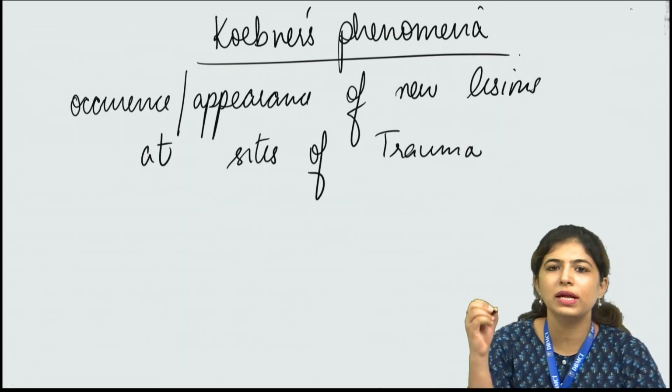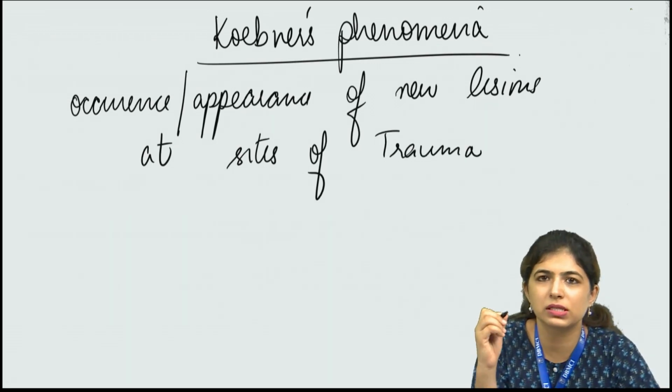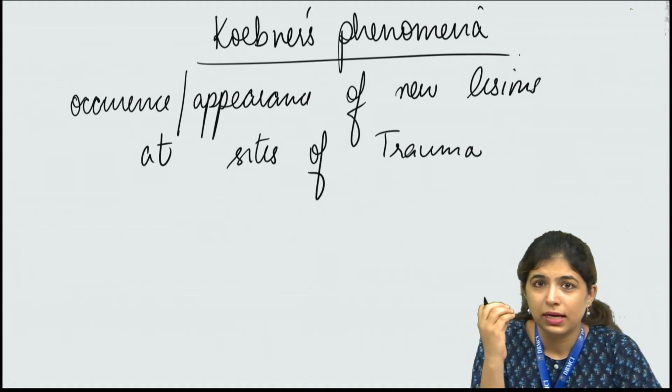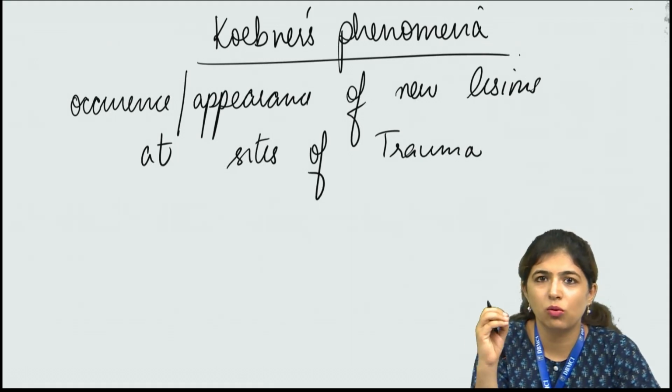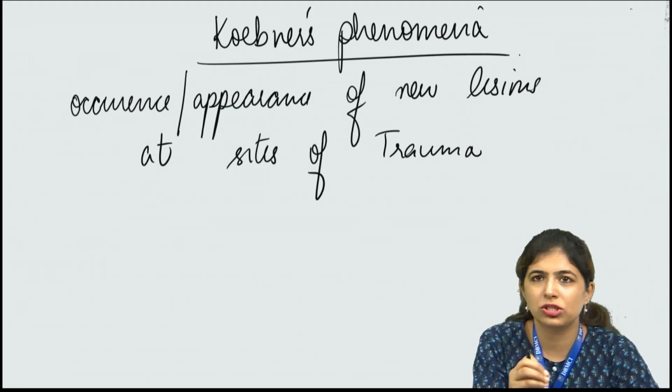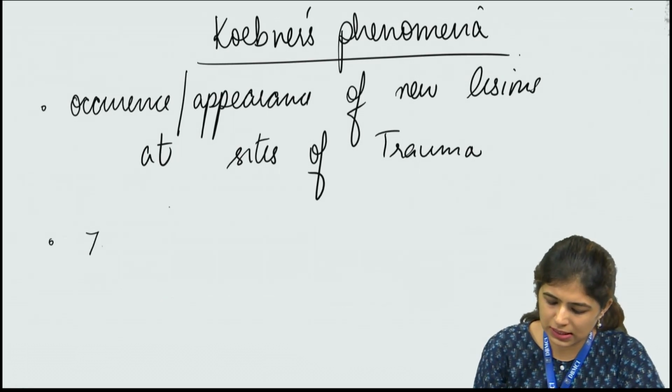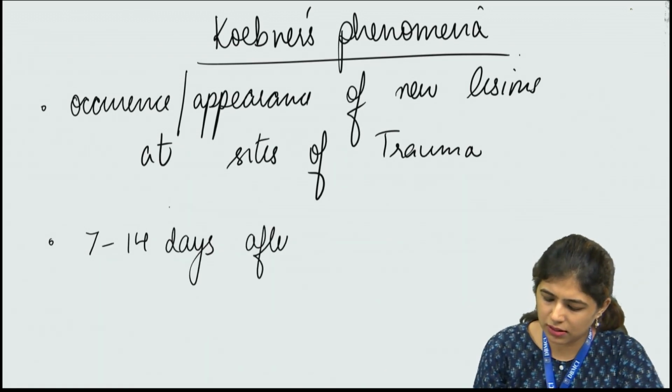This is how we define Koebner's phenomena. This is appearance of new lesions at the sites of trauma, which could be a scratch, it could be a wound, it could be an injury mark, whatever it is, a new lesion will appear at that point. This is seen in 7 to 14 days after the trauma.